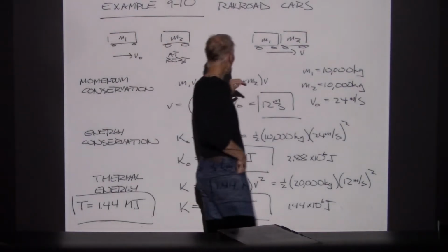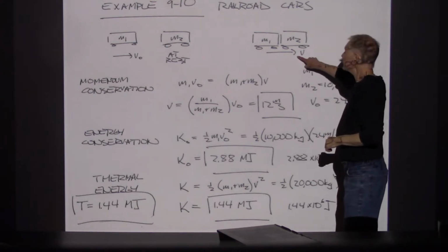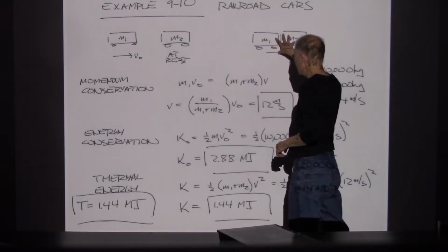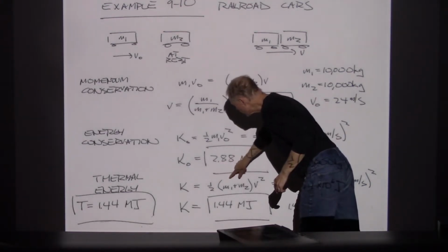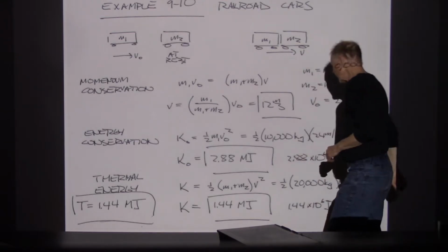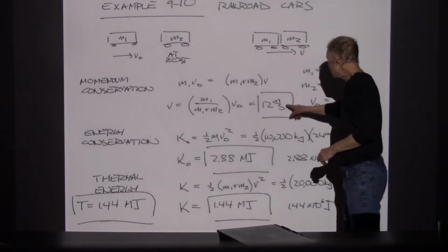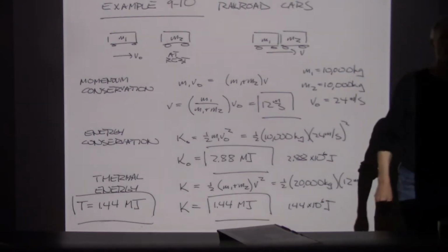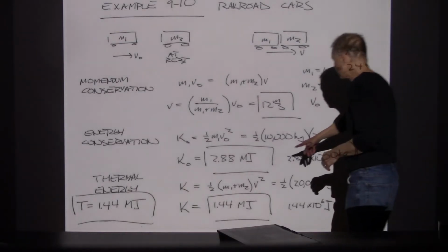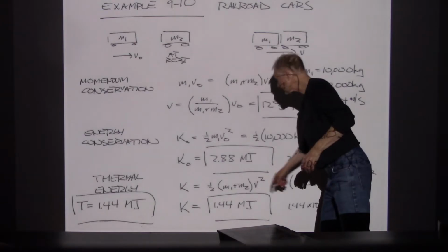Now let's look at after the collision. The kinetic energy for these guys would be 1/2 (m1 plus m2) times v squared, and the v that we want to use now is the 12 meters per second. So we used momentum conservation to find out what the speed would be after the collision, and now we can use that velocity to calculate the kinetic energy.